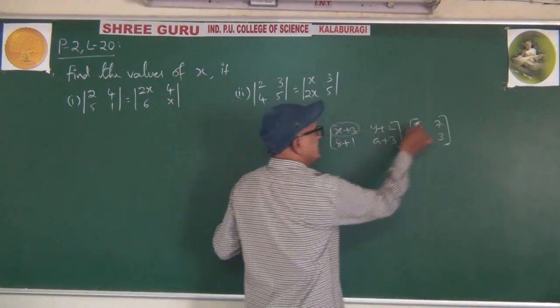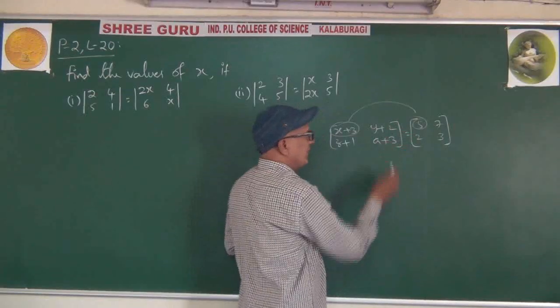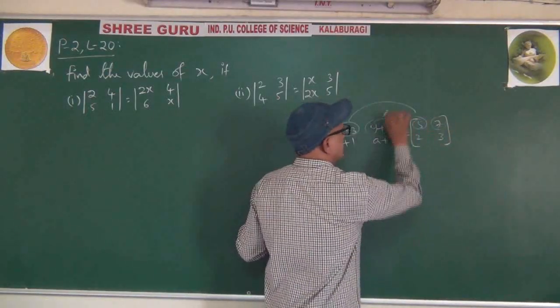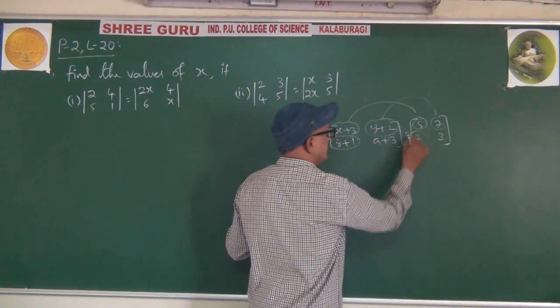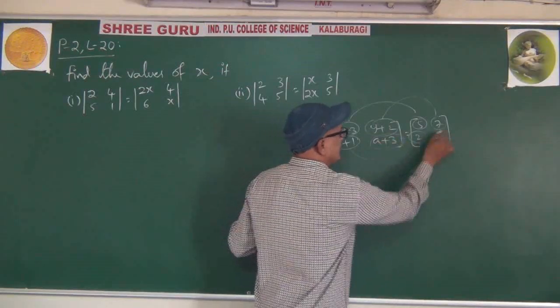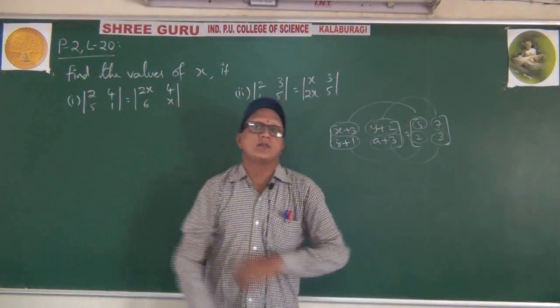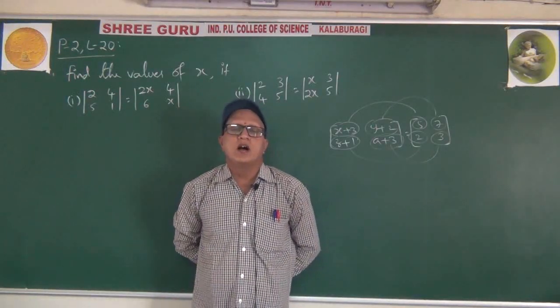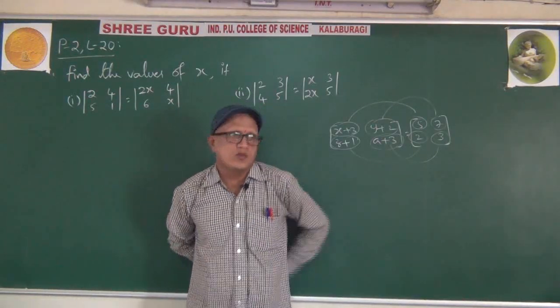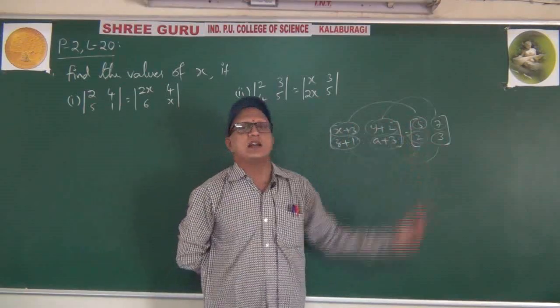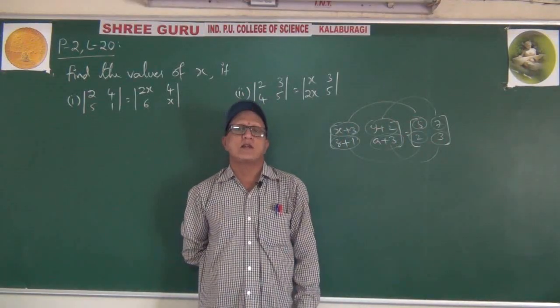So equate this one and this one, and so on for each element. The equality of matrices concept is there. Because of that concept, we can equate the corresponding elements.